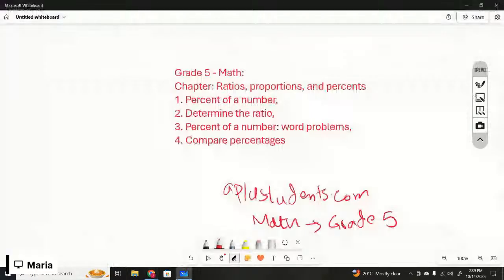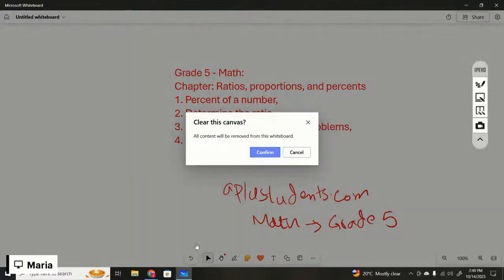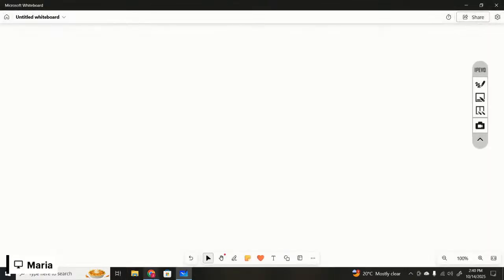The lessons for today are percent of a number, determine the ratio, percent of a number word problems, and compare percentages. Before the next session, you can complete all the practice questions for the lessons we just did. That is your homework until next session.